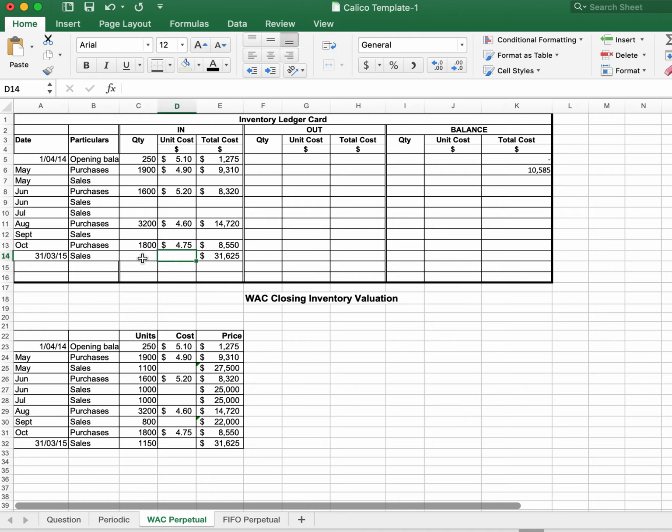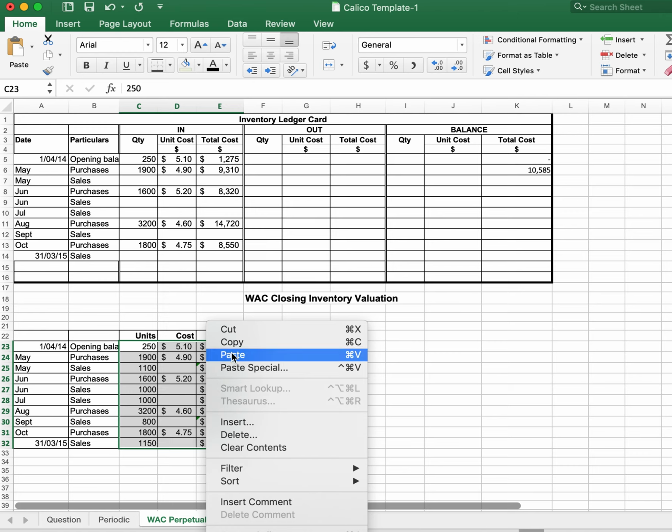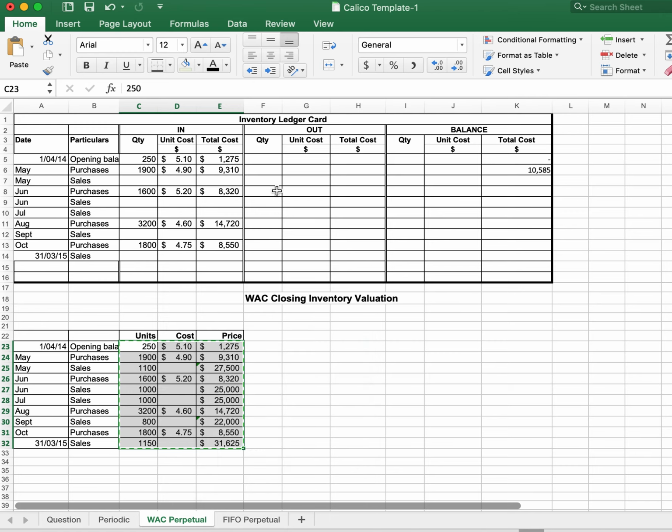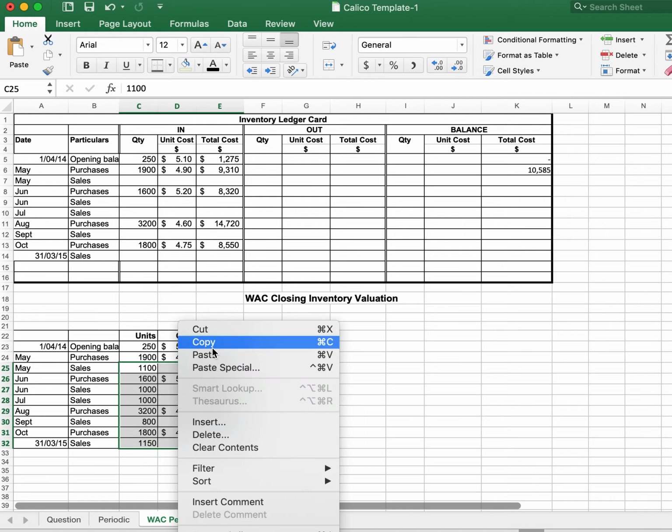Just make sure you don't muck up formulas or anything. So that should be good for that. I can do the same for the sales, just to get the sales up there quickly. So if I copy that, put that, save myself a bit of time, I don't need to take the top two.